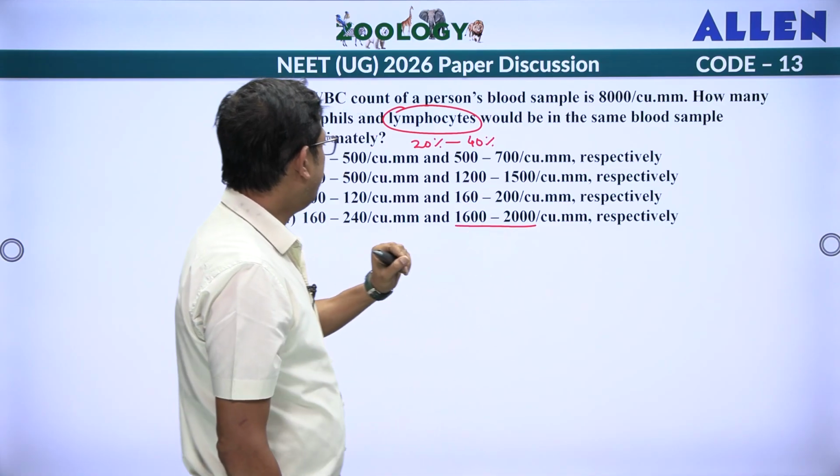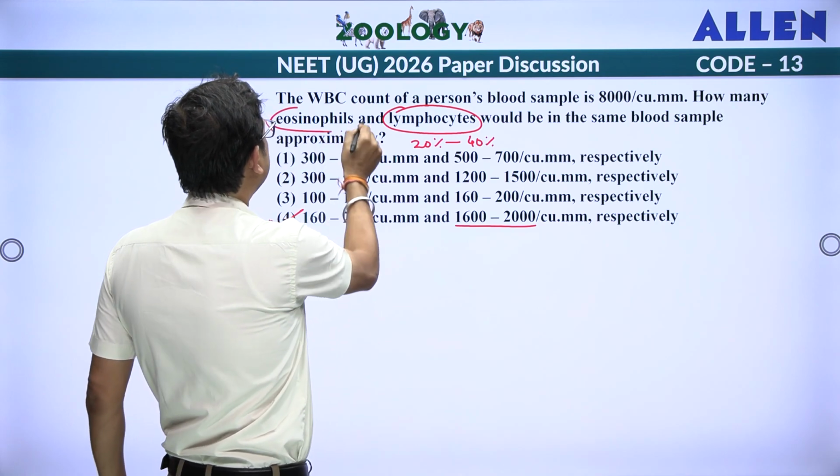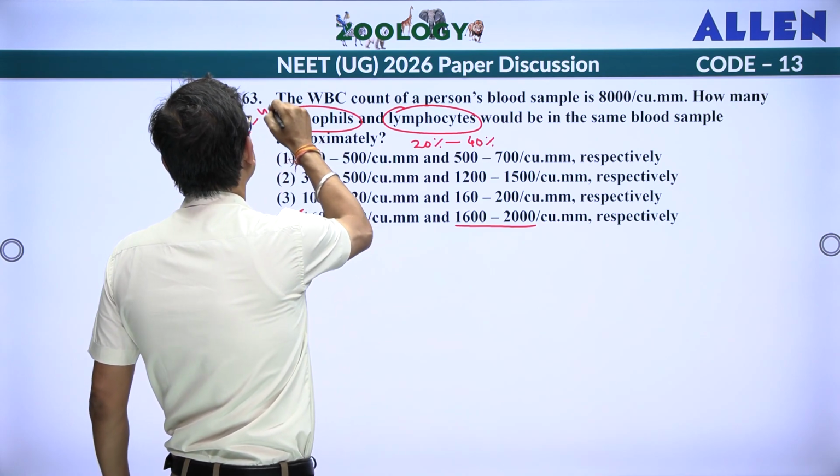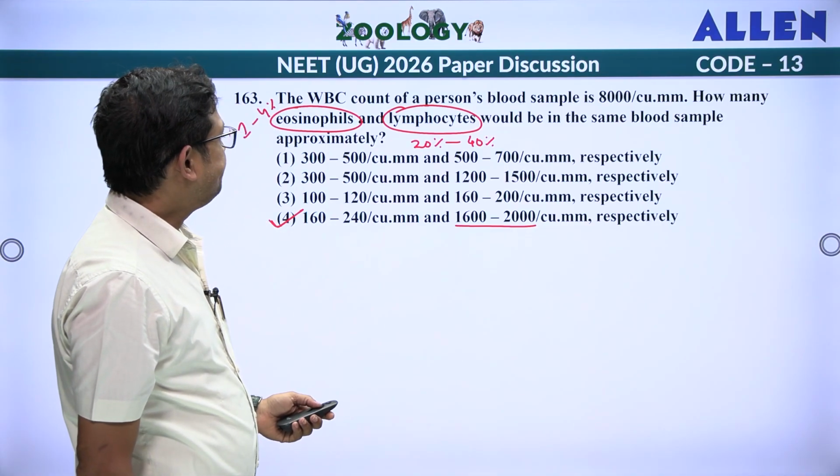Only one option is there. Yes, so answer is fourth one. And eosinophil, if you see, it is 1 to 4%. So answer is fourth here.